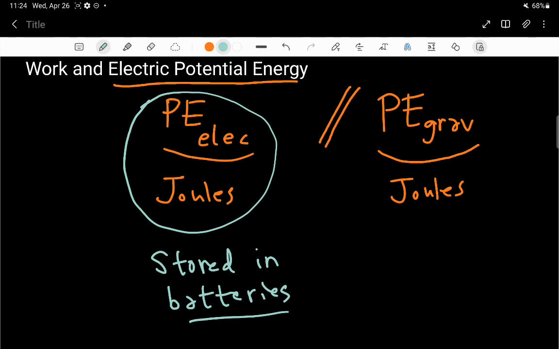Any of these pieces of electronics that requires a battery, what's being stored in that battery when you so-called recharge your battery is, you're not charging the battery. What you're actually doing is energizing the battery.